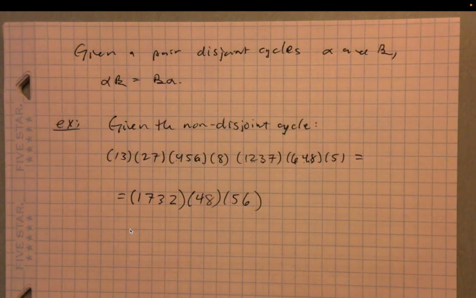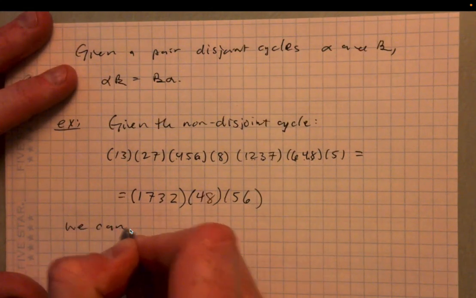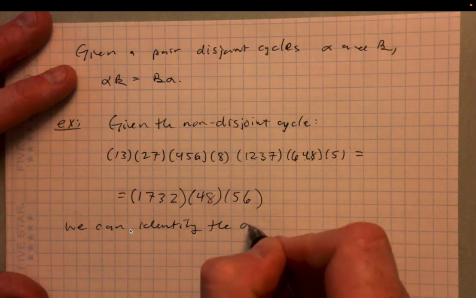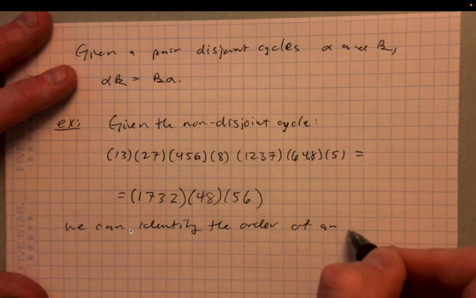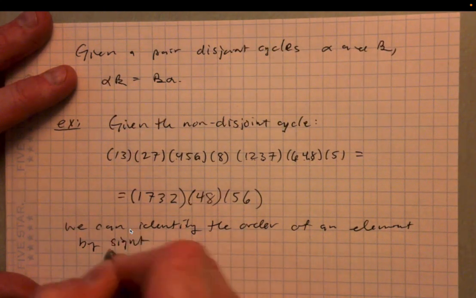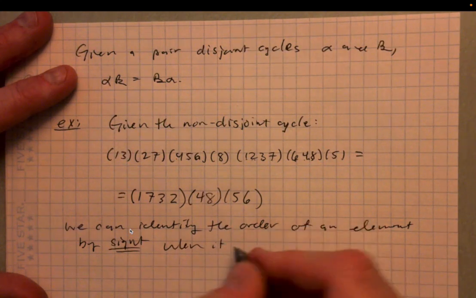So in addition to just being efficient and economic, this disjoint notation has a really great advantage. It has the advantage of being able to easily identify the order of the element of the permutation by sight. We can identify the order of an element, in this case a permutation, by sight when it is in cycle notation.